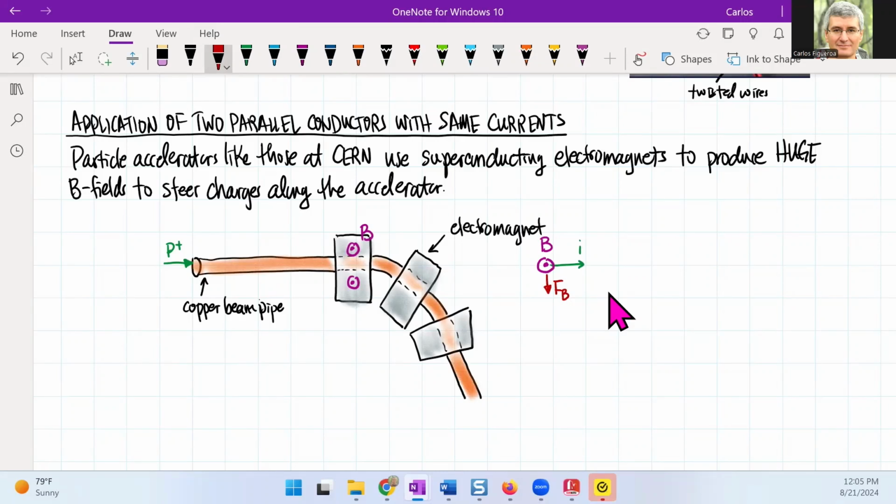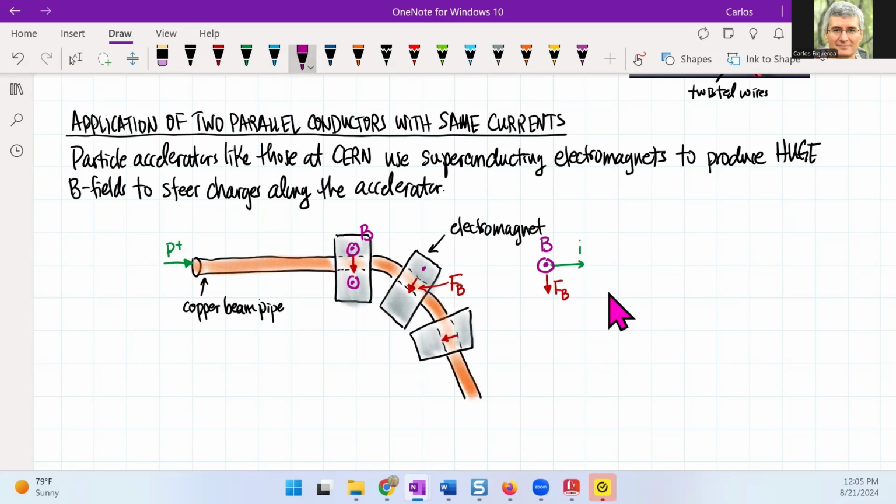So I'm seeing that this beam is now bending the charges in this direction to keep them in line with the beam pipe. And you're seeing here that this is the magnetic force, and that's what's steering these electrons all the way around.